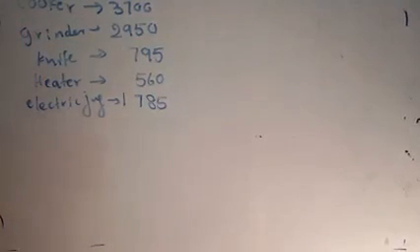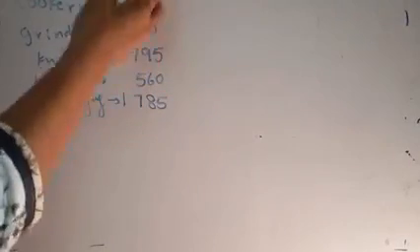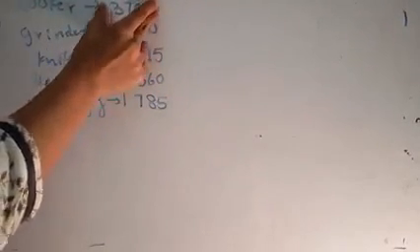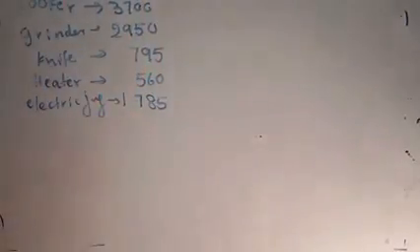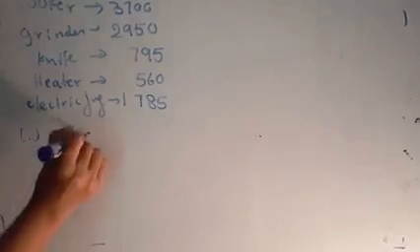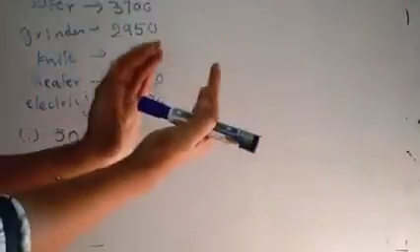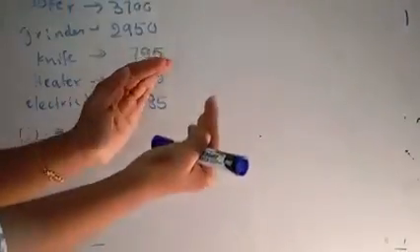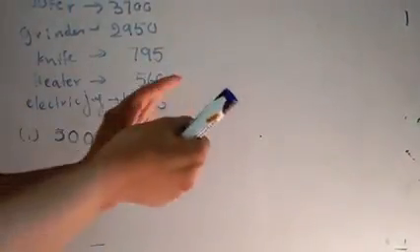What's her balance? She has bought the cooker, which costs 3,700, and then she paid 5,000. So how to get the balance? Here, you are buying a cooker which is 3,700 and you are paying 5,000.